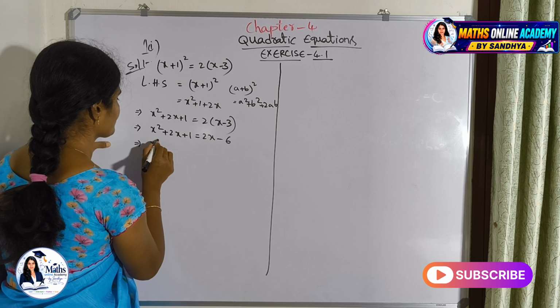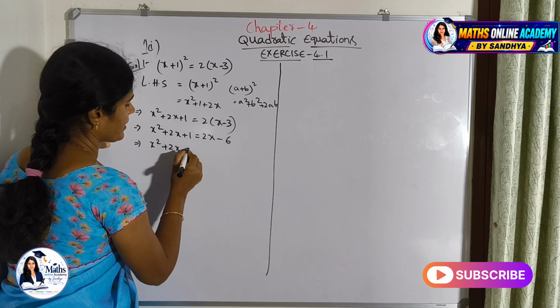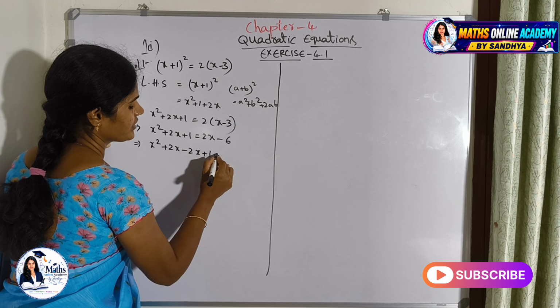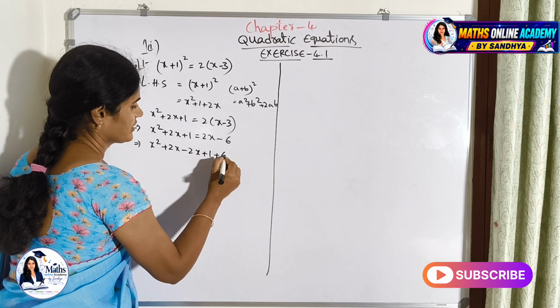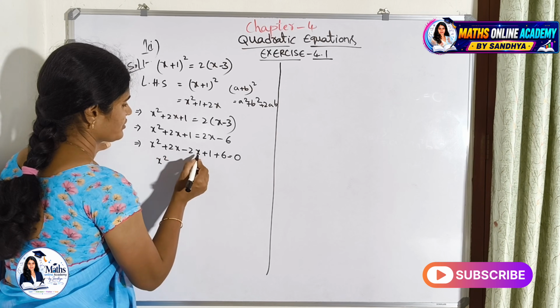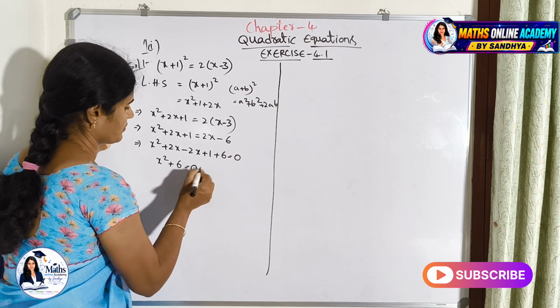That implies x square plus 2x. You take 2x this side, minus 2x, plus 1, minus 6 comes to plus 6, equal to 0. x square, minus 2x plus 2x cancel, plus 7 equal to 0.